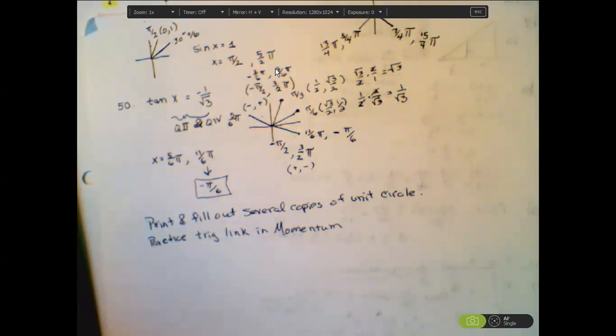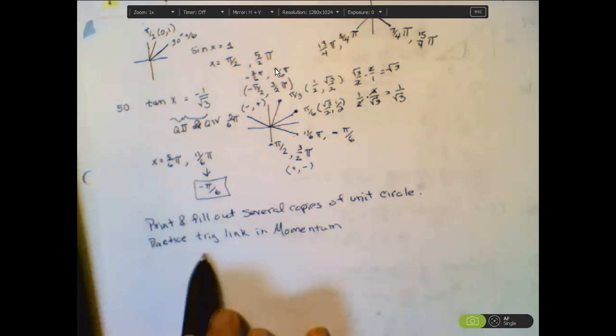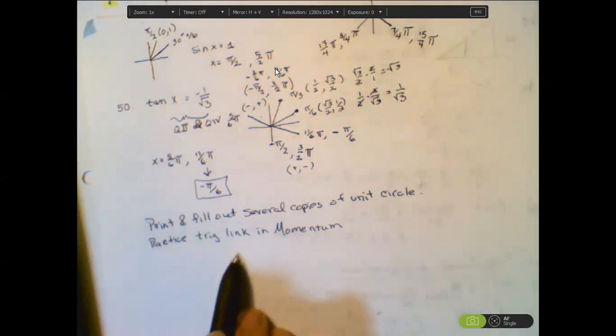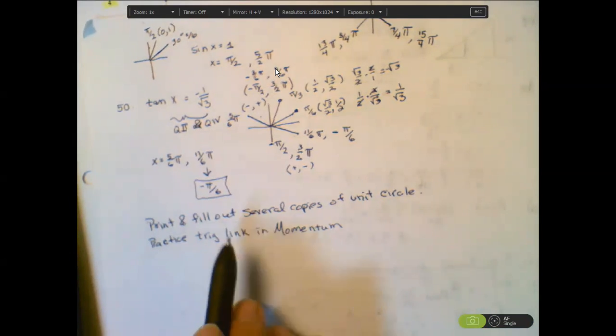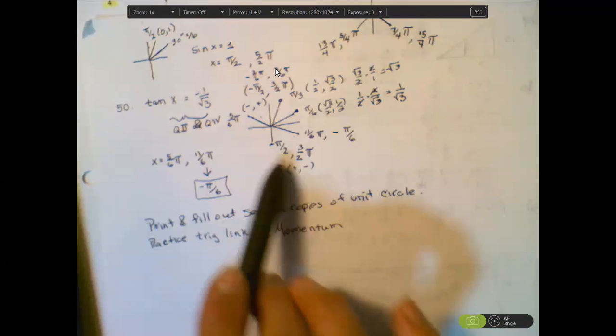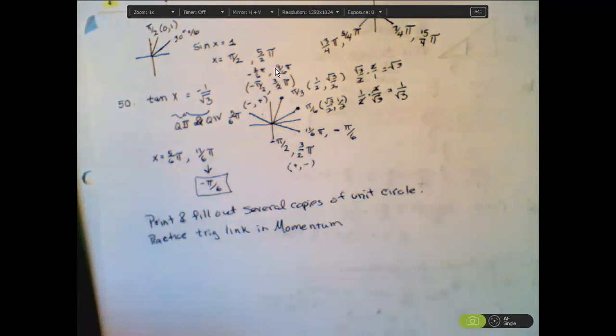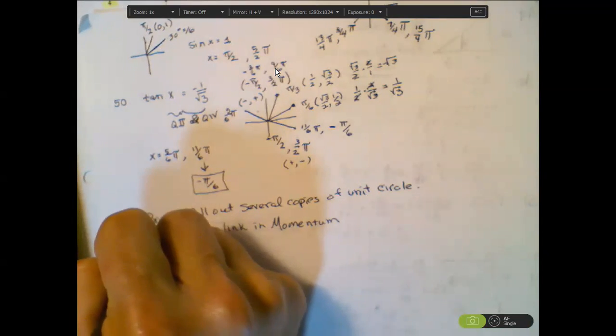You can set it to ask you for the ordered pair. You can set it to ask you for the sine or the cosine. It's a very, very good practice. Practice is the only thing that makes you quick at identifying the kinds of things I was asking in number 50. Practice that.